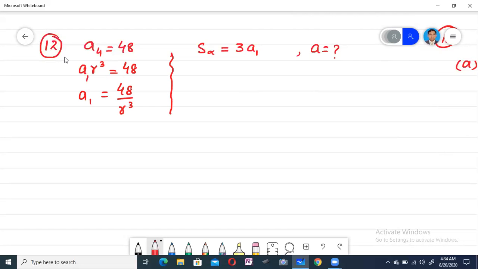Now here S infinity is equal to 3 times A. You know S infinity is A divided by 1 minus R, is equal to 3 into A. Here A or A1 you can take. Now from both sides, this A1 can cancel.